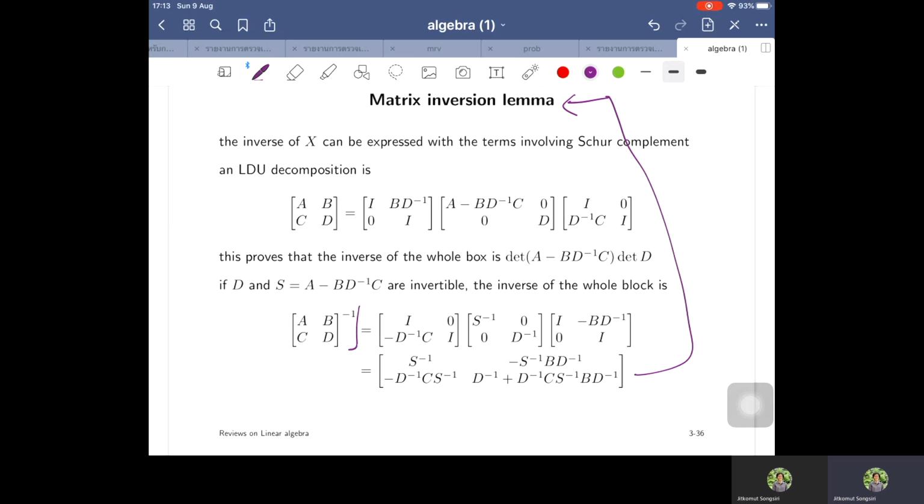This is another way to invert the whole block: you can partition it into 4 blocks, and each block is given by a function of A, B, C, D, and it involves the Schur complement of D in X.